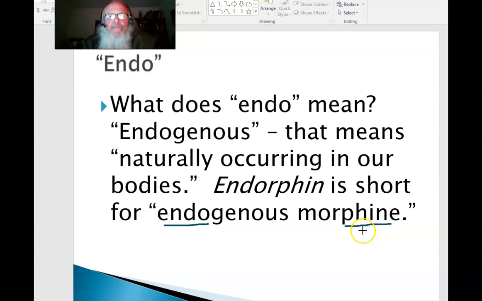And the fact that these neurotransmitters exist in our natural neurochemistry was something that was discovered, I believe, only in the 1970s.